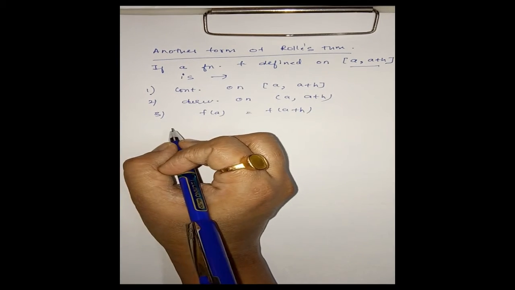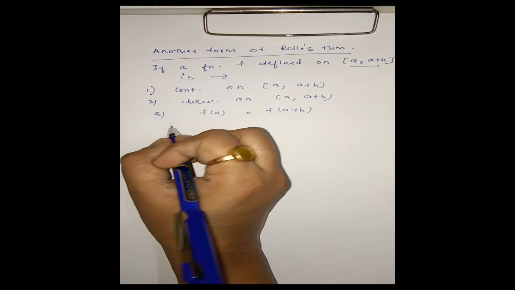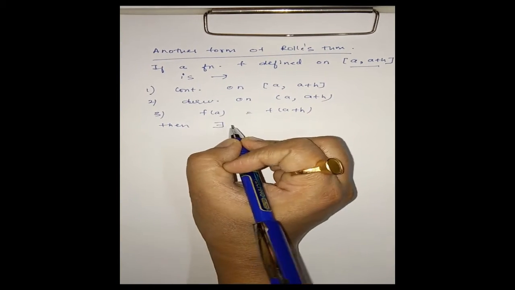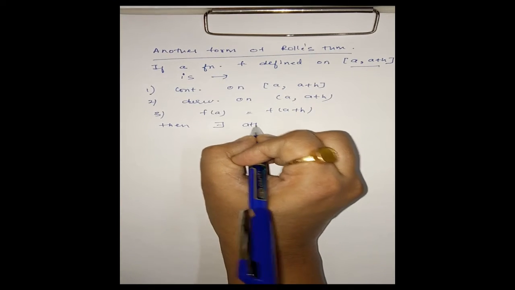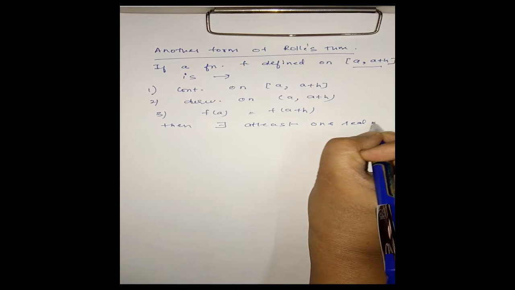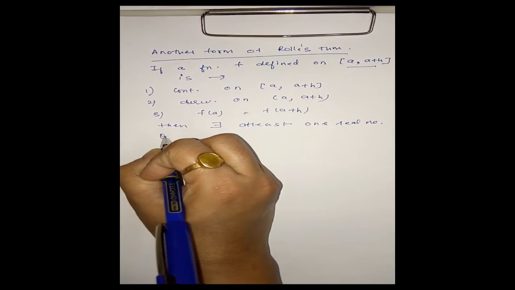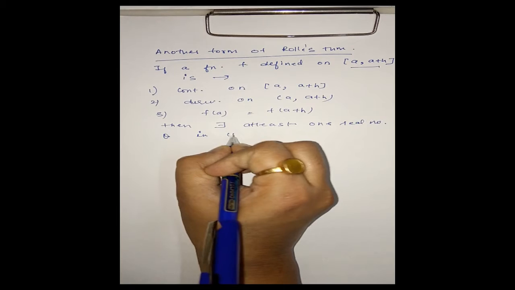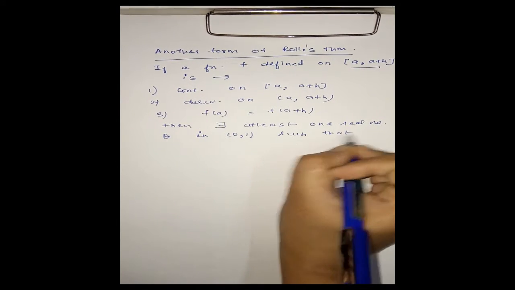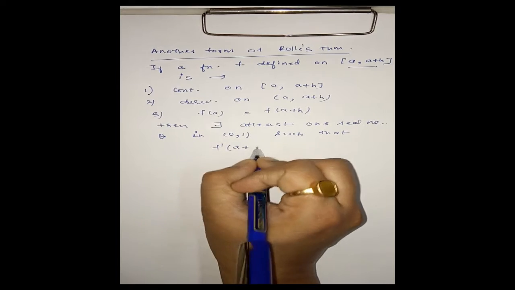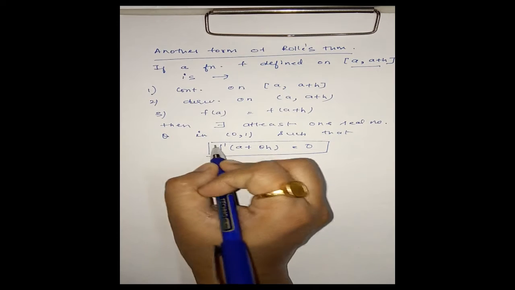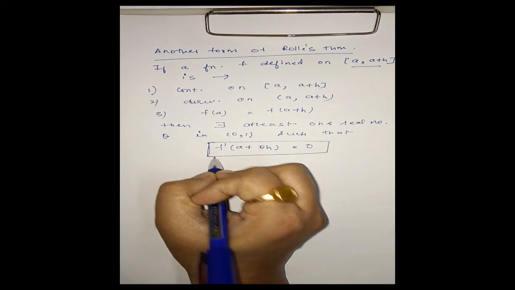Then if the function satisfies these three conditions, there exists at least one real number theta in the open interval (0, 1) such that f dash of a plus theta h is equal to 0. This is another form of Rolle's theorem.